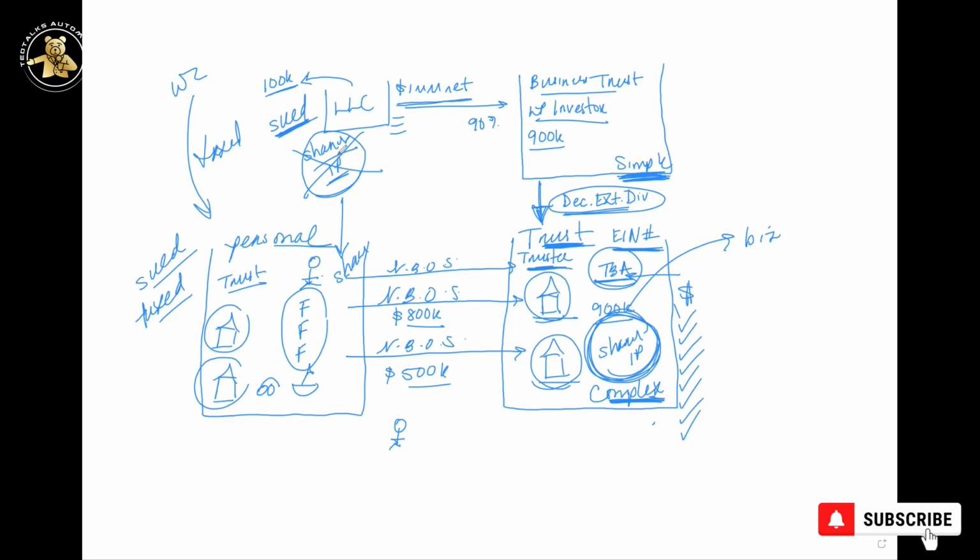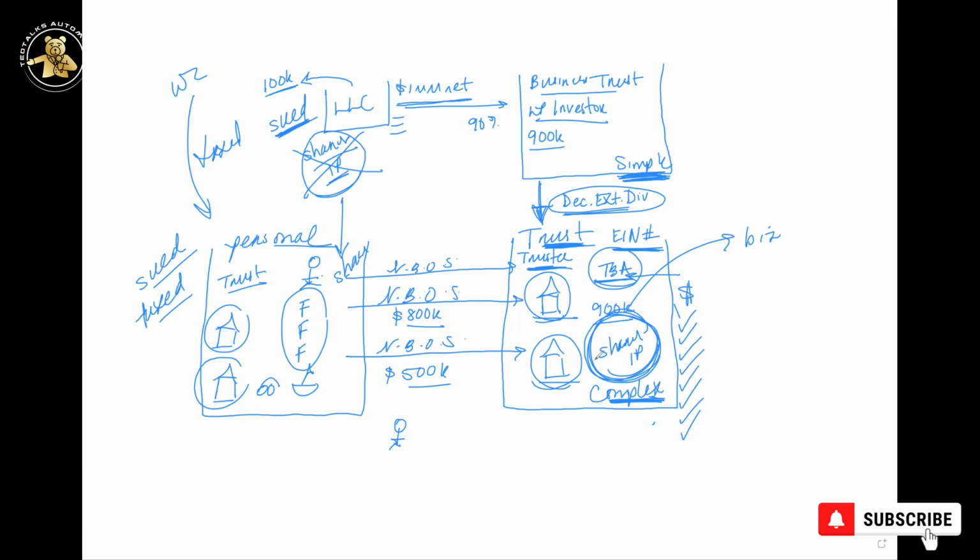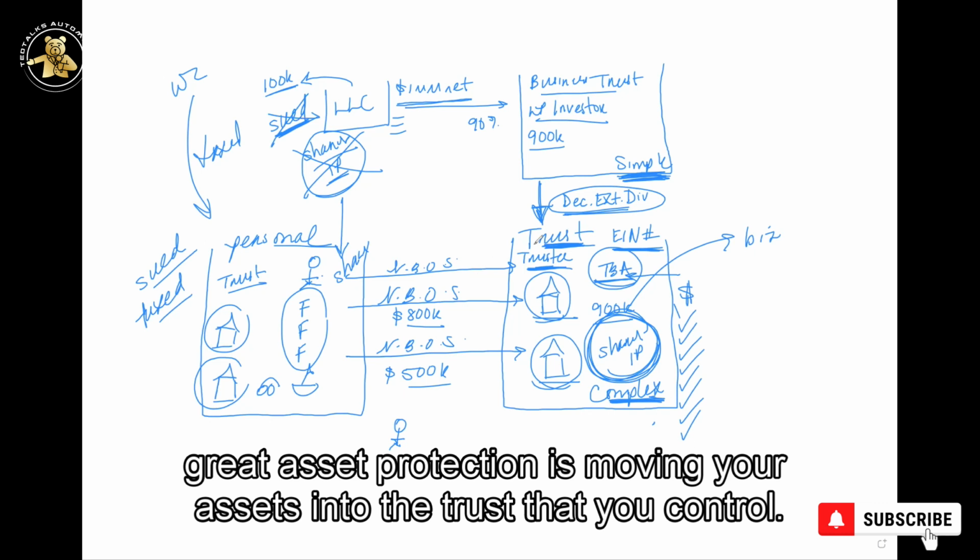You don't own anything. You control it all. Opposing counsel only sues entities and people that have money. So great asset protection is moving your assets into the trust that you control.